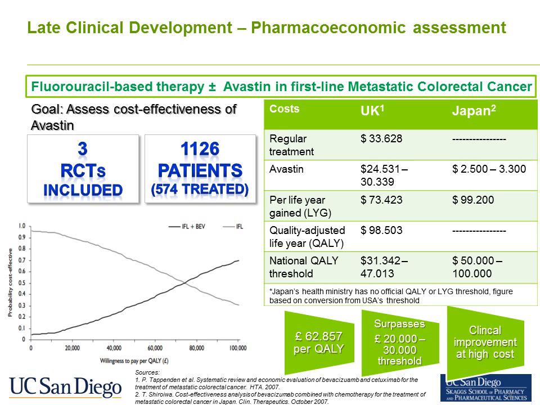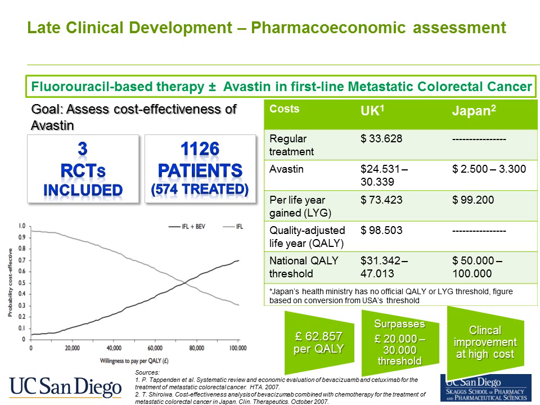This would calculate to an increased cost of 73,000 per life year gained, or 98,500 per quality adjusted life year. The national quality threshold in the UK is between 31,000 and 47,000, so this 98,000 would go greatly beyond this.